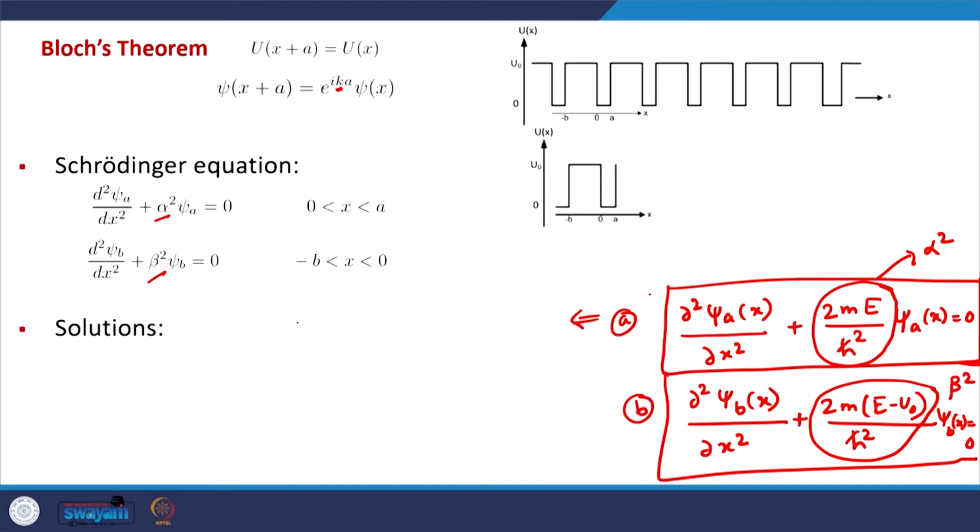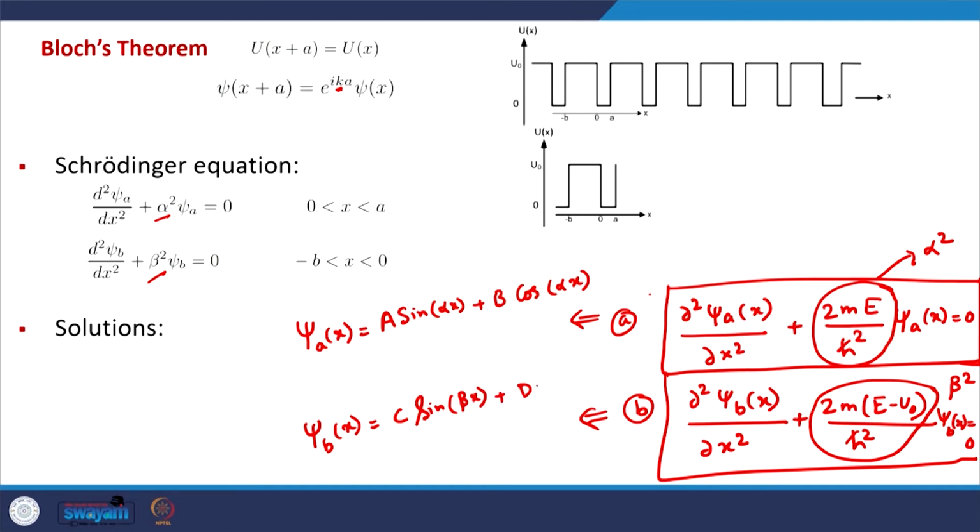So the solutions of the Schrodinger equation will look like this. In regime A, psi A(x) would be given as A sin alpha x plus B cos alpha x, and in regime B, psi B(x) can be written as C sin beta x plus D cos beta x.